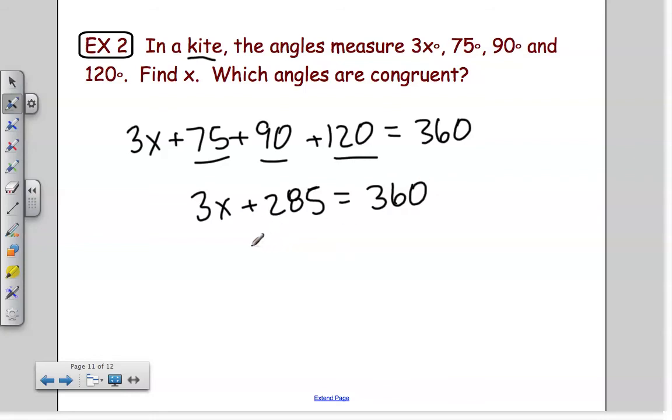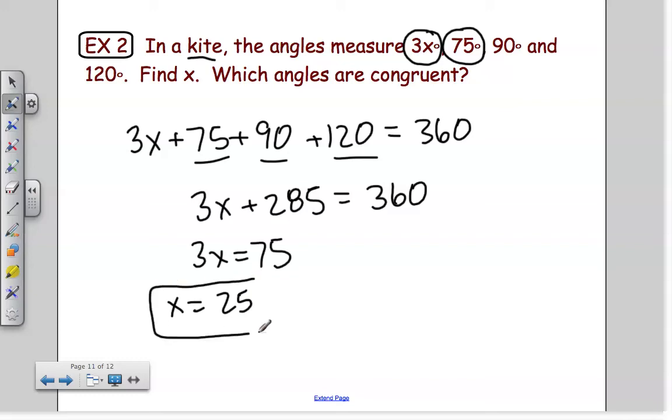Now I'm just solving for x. 360 minus 285 is 75. Hey, look at that. We know that the 3x angle is the same as 75 degrees, so which angles are congruent? 3x is the same as 75 degrees, which means then divide by 3, x equals 25.